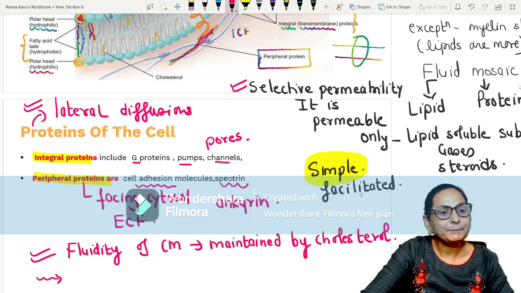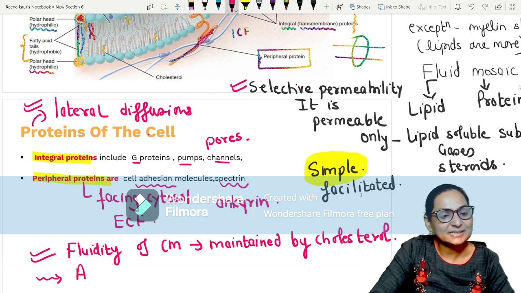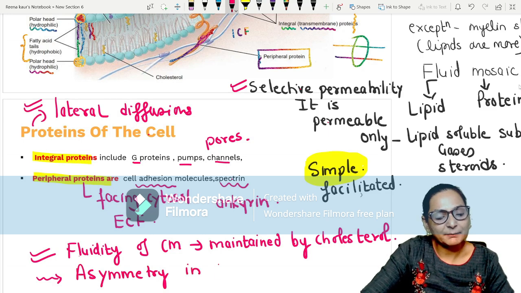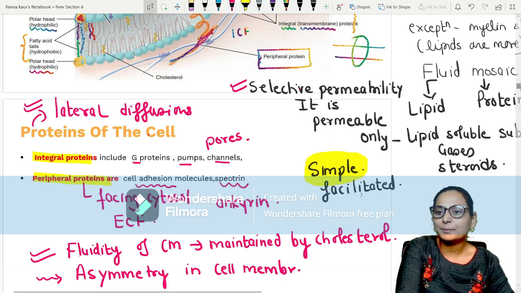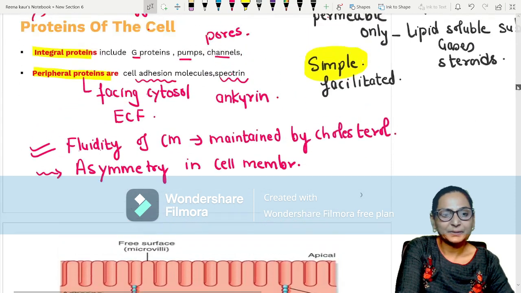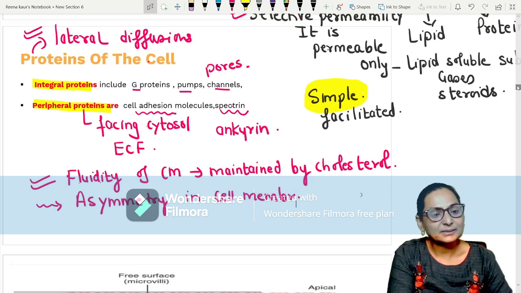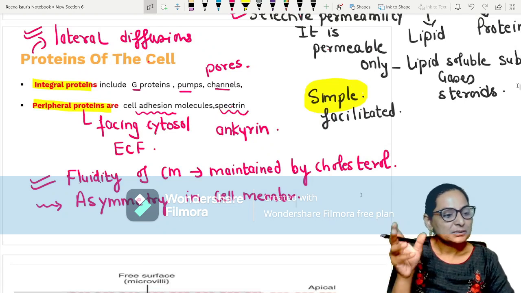Selective permeability, lateral diffusion of the proteins, fluidity of the membrane, and asymmetry of the cell membrane. What do you mean by asymmetry? See, this is asymmetrical in that proteins may be present somewhere, and absent somewhere. Second, there are microvilli.